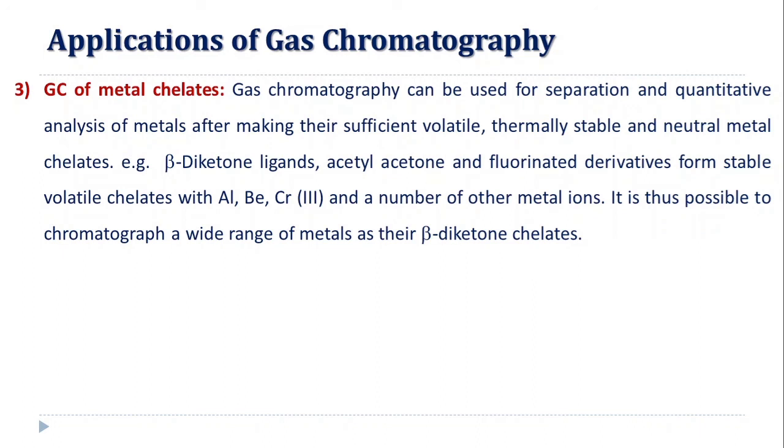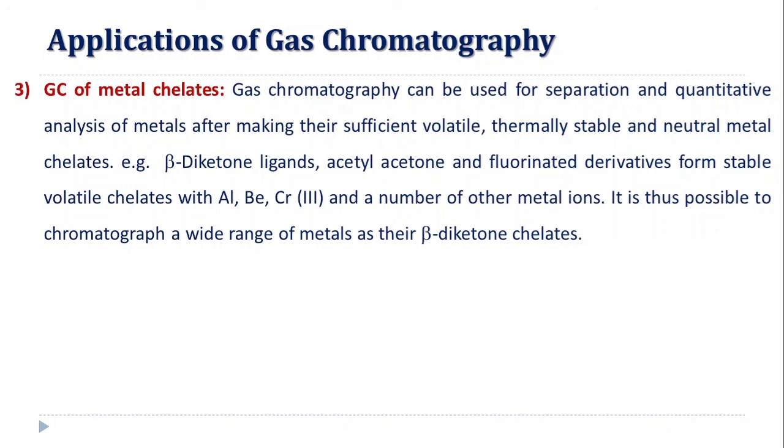So up to now we have seen that gas chromatography is very useful for organic compounds, but it can also be used for measurement of metal ions, metal cations. For that purpose we have to make their organic chelates with organic ligands like beta diketones, acetylacetones. The chelates must be very volatile, thermally stable and neutral.